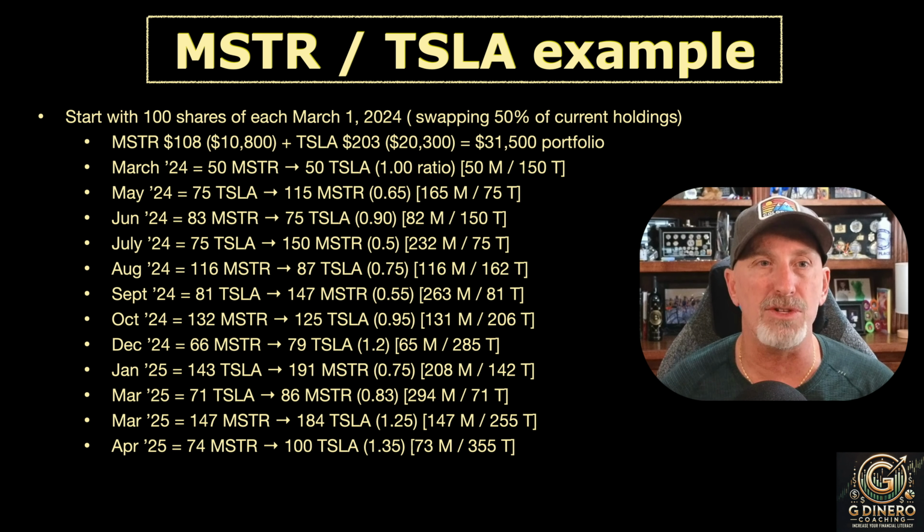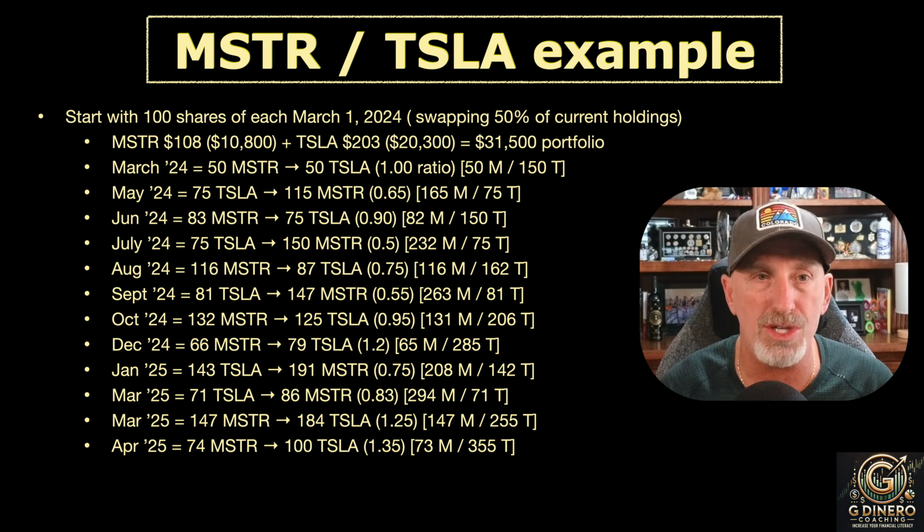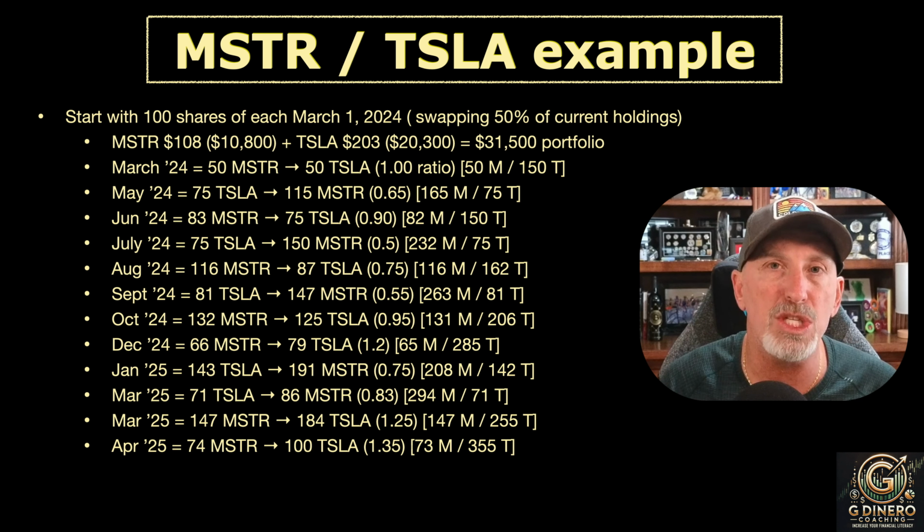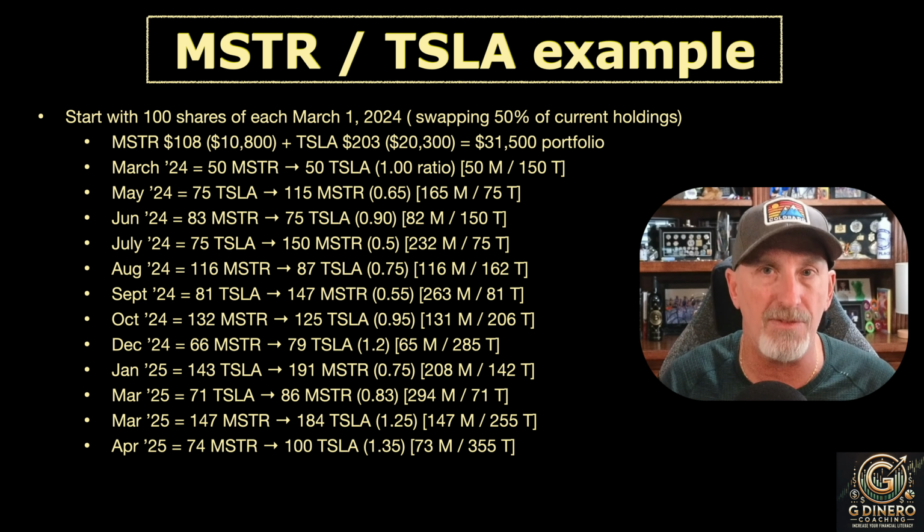All right. So first of all, all of these assumptions start with 100 shares of both MicroStrategy and Tesla on March 1st, 2024. And this is going to be swapping 50% of current holdings. And I'll point out exactly where in this example you need to focus your eyes.